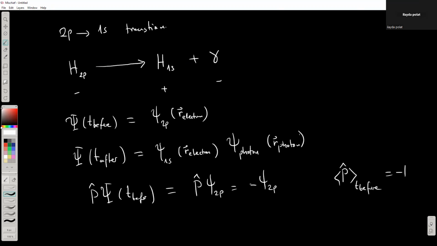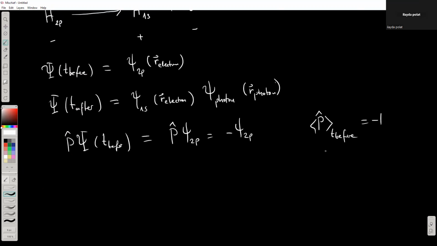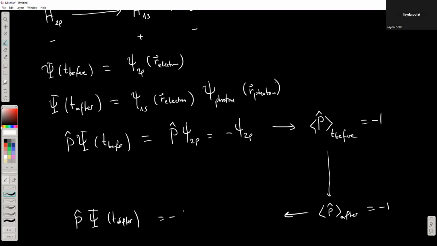Because it's a parity eigenstate. Because of the conservation of the parity, the state after should also be equal to -1. This implies that, so let me just write down the arrows like this, the parity of the state after the transition should be equal to -1.